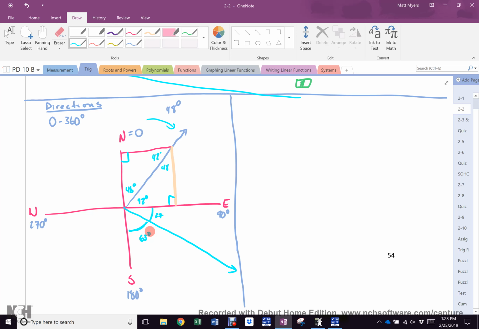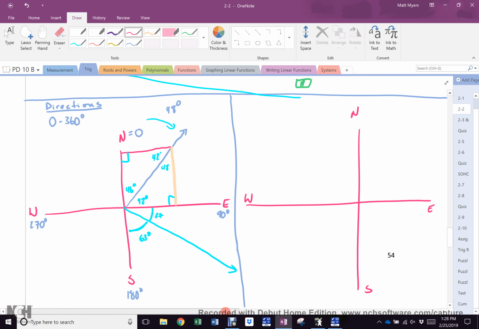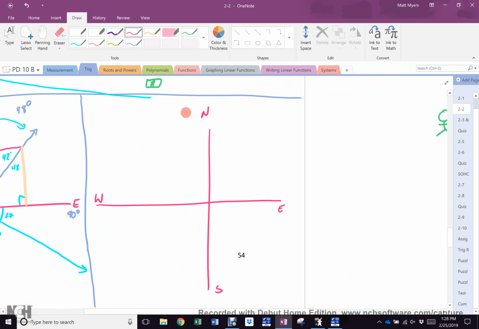Okay. There's another way we read directions. Draw another compass. North, east, south, west. And this way requires us to write a direction like this. You have a direction. You have a degree. And then you have another direction.